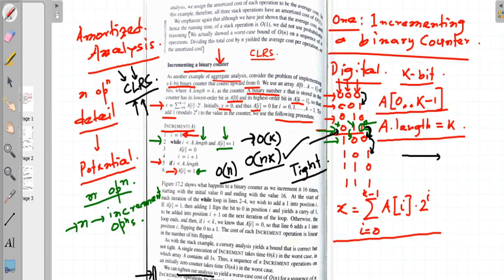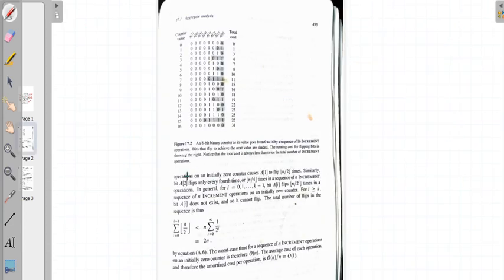A0, the bit which is A0, does flip each time increment is called. The next bit up, A1, flips only every other time. A sequence of n increment operations on an initially zero counter causes A1 to flip floor of n by 2 times.